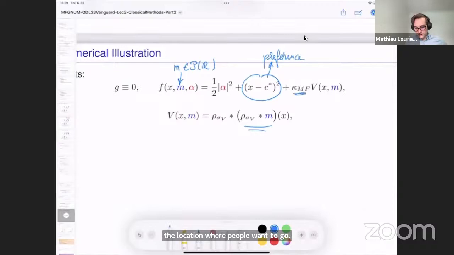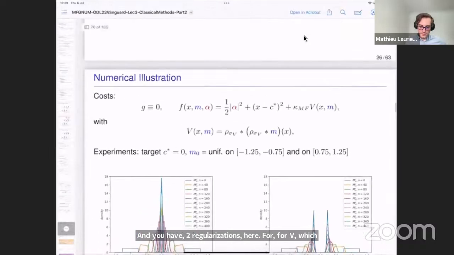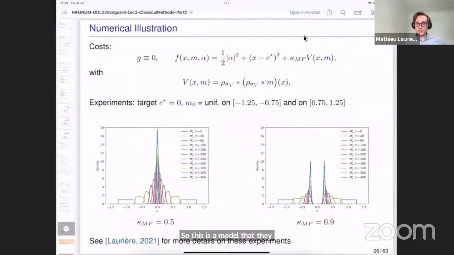Then you have a normalization, just a constant to give more or less weight to this term. And you have 2 regularizations here for V, which is a function of m. This is a model that Carlini and Silva take in their paper, unless I modified it a little bit, but it's quite close to the models they consider. The experiments I'm showing here are for the target C star equal to 0.